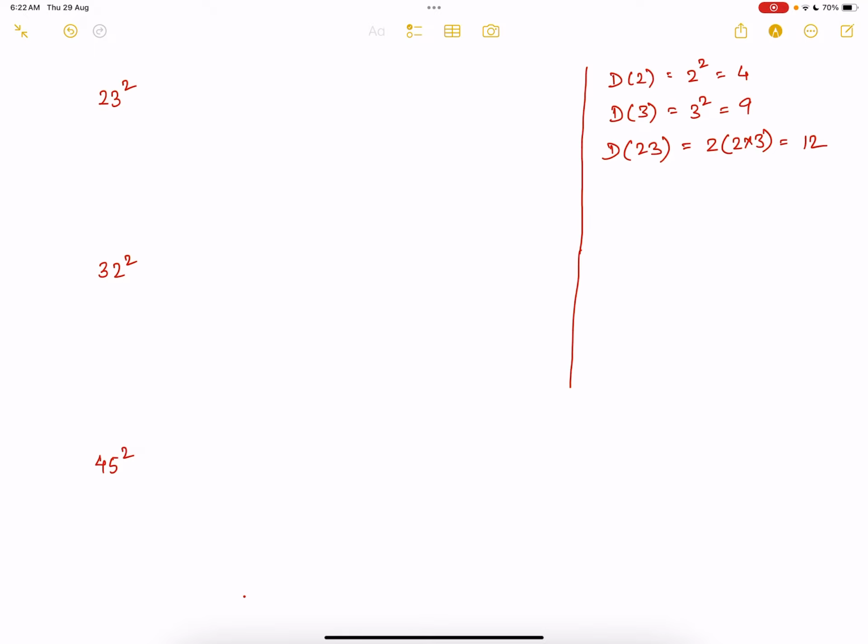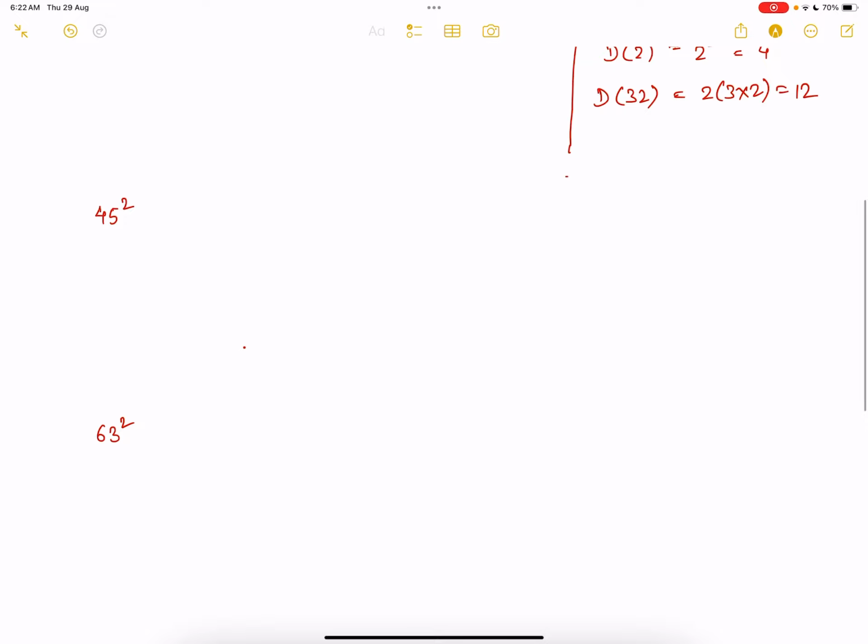Now let us do some more duplexes before we understand. So let's say, now work with me here. Duplex of 3 is 3 square, 9. Duplex of 2 is 2 square, which is 4. Duplex of 32 is 2 into 3 into 2, 12.